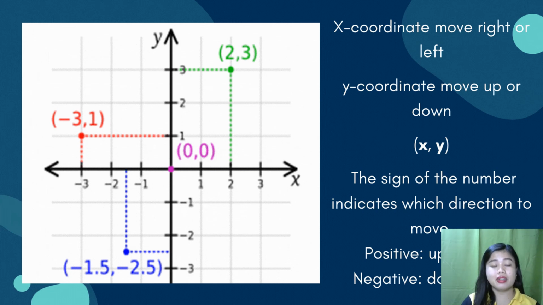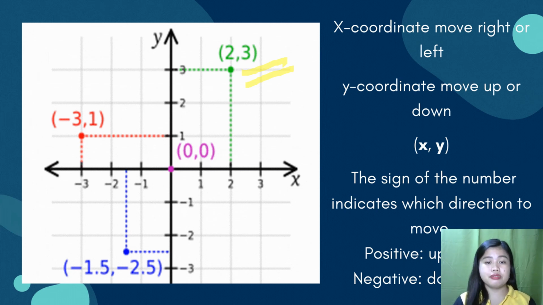We have here an example of an ordered pair: (2, 3). The x-coordinate is 2 and the y-coordinate is 3. So from the point of intersection, we move 2 units to the right, since the x-coordinate is positive.